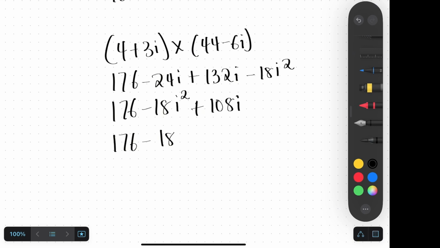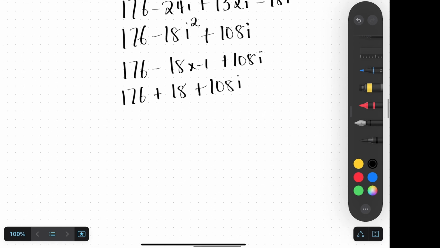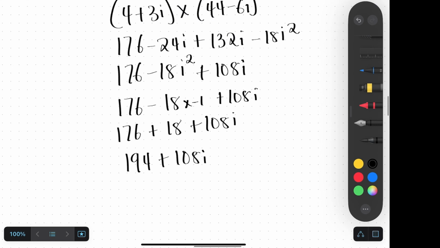Remembering that i squared is equal to negative 1. And finally, 194 plus 108i.